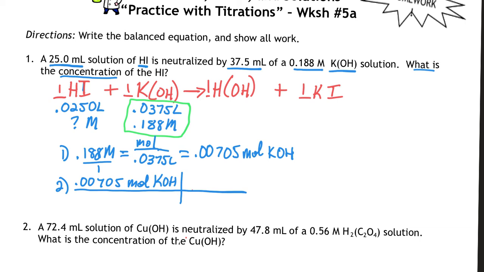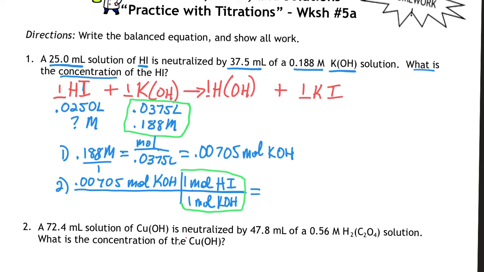So now I'm going to use my mole bridge. This box here is going to be my mole bridge. So I've got 1 mole of KOH to 1 mole of HI.